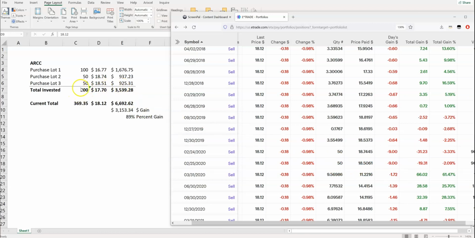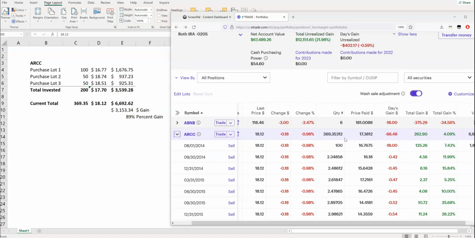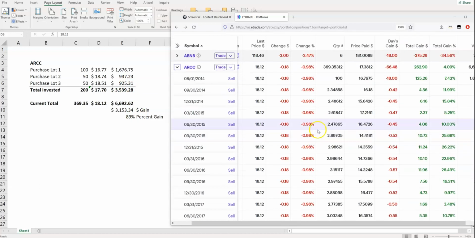So total stocks that I owned and total that I purchased are 200. The weighted average cost that I bought in at is $17.70. If you multiply those two, or add up these 3 above here, you get $3,500 worth of this stock is what I put into it. Now, if we look at the current total, basically what you want to do is pull this quantity here, 369 units, 0.35, that's what's right here.